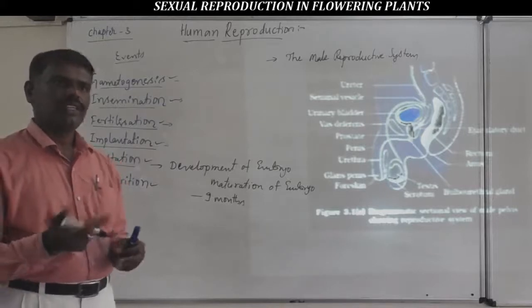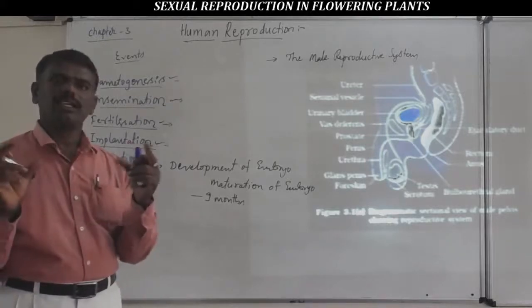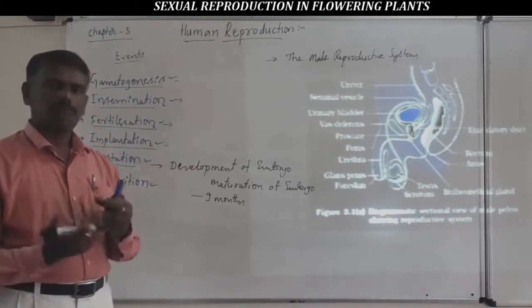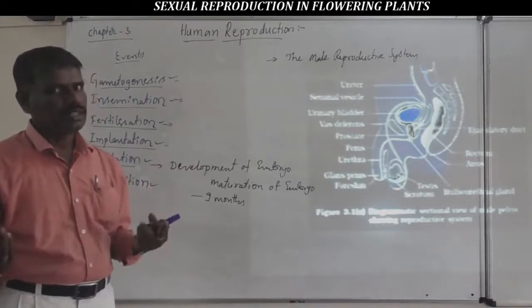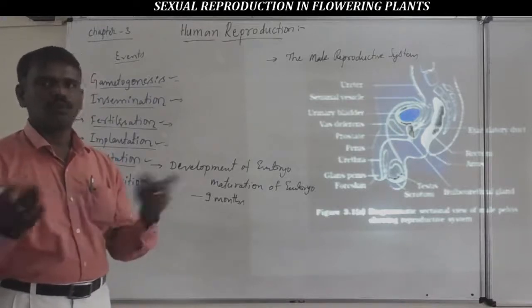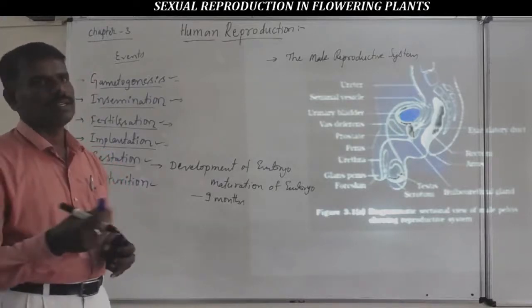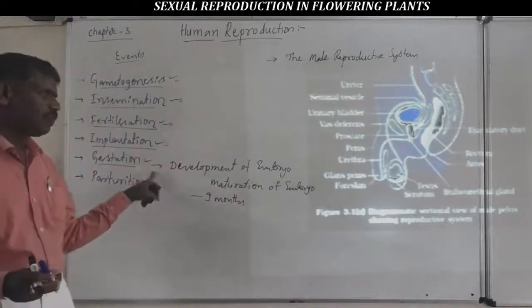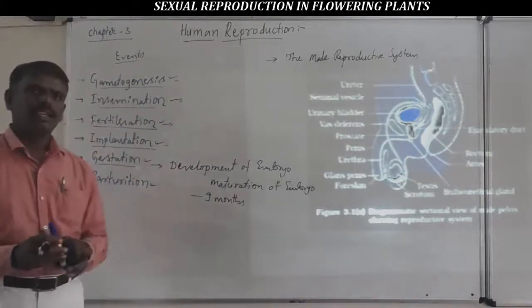So we differentiate a 9 month baby and a 7 month baby. Commonly the gestation period is nearly 9 months.